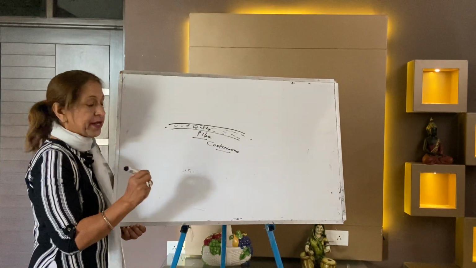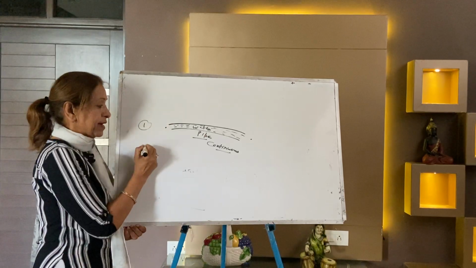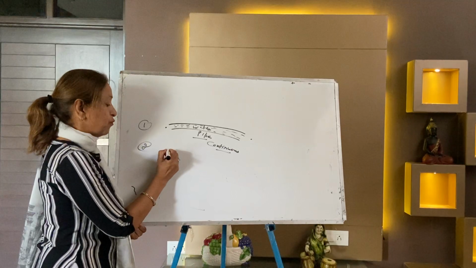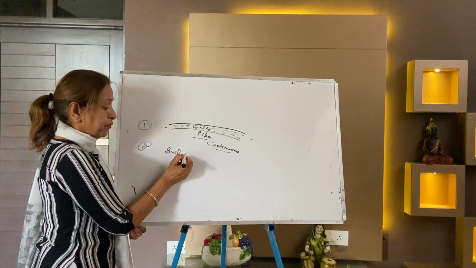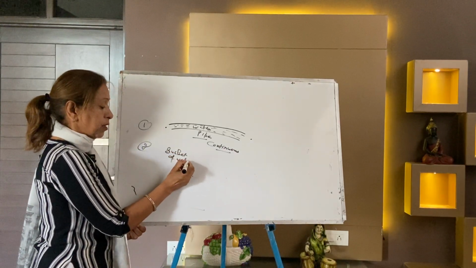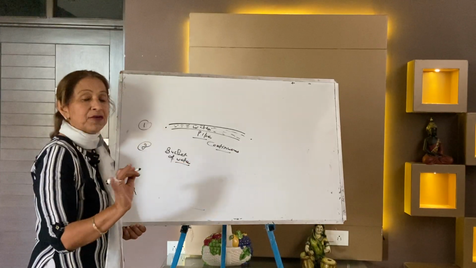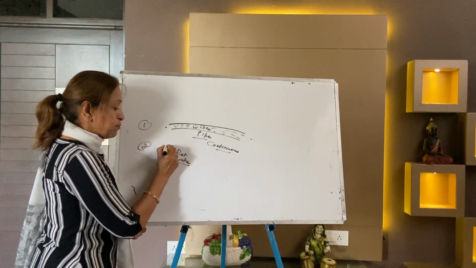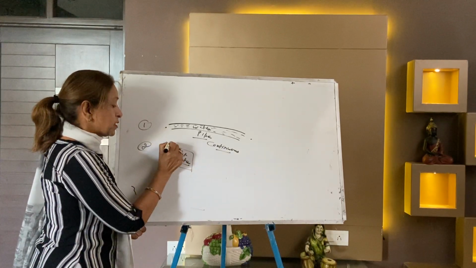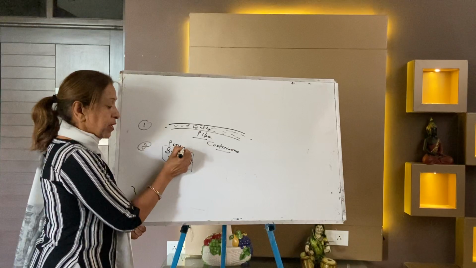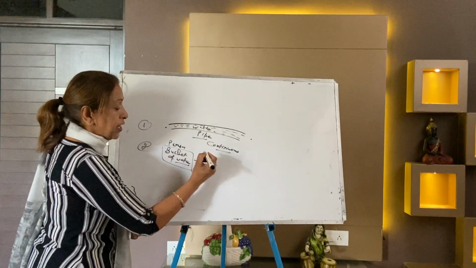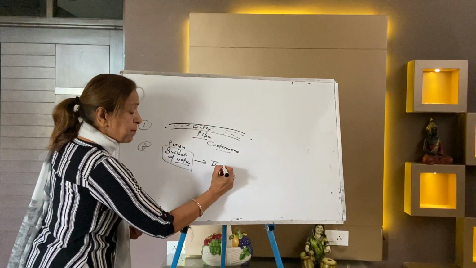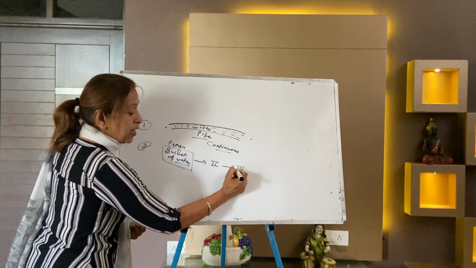Now I'm taking another method. We take one bucket that is full of water, not partially filled. This bucket of water is carried by one person, who gives it to person number 2, and then to person number 3.